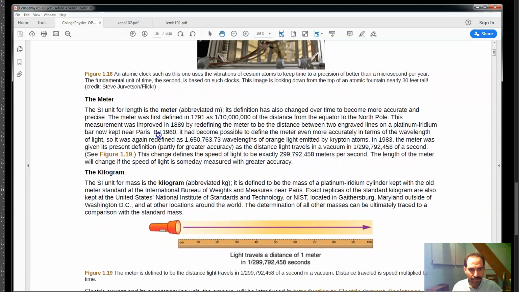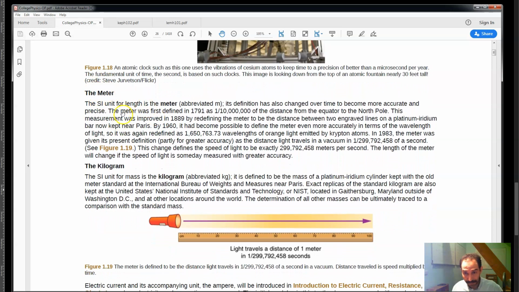Now, the SI unit for length is the meter, abbreviated as m. Its definition has also changed over time to become more accurate and precise.